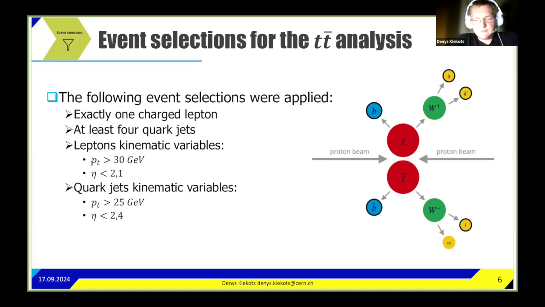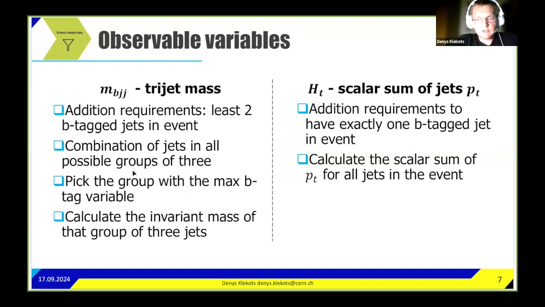Also, we have some preselections for leptons and for jets on transverse momentum and pseudorapidity. And the variables we want to analyze, the distributions we want to look at, are in our case the 3-jet mass, which is basically the invariant mass of 3 jets, and the so-called HT.